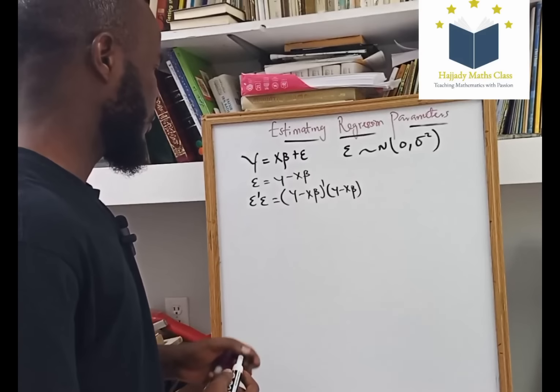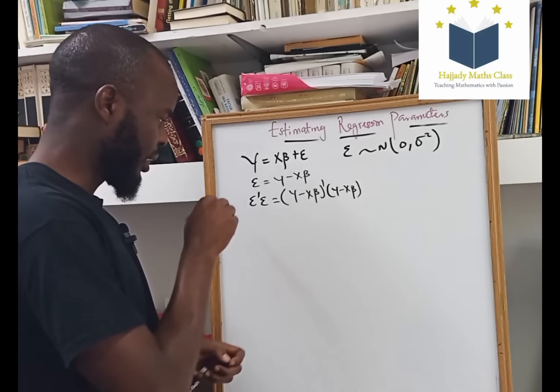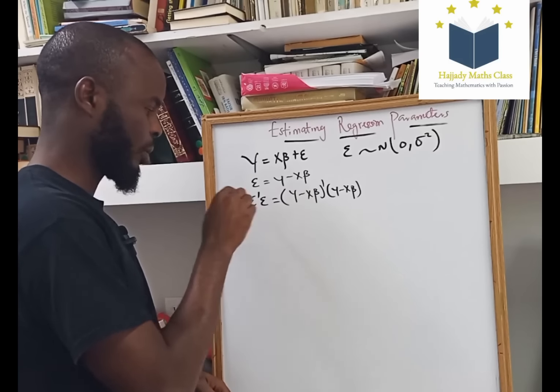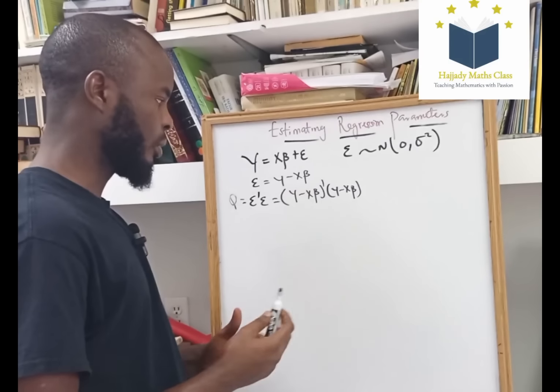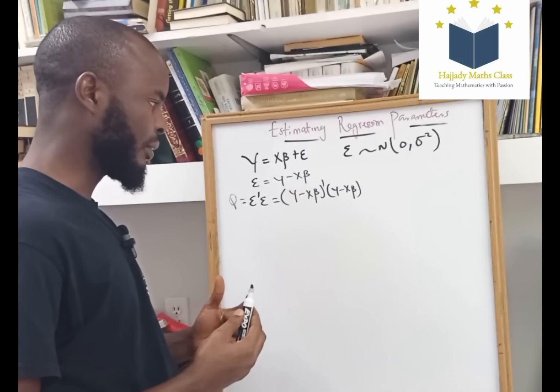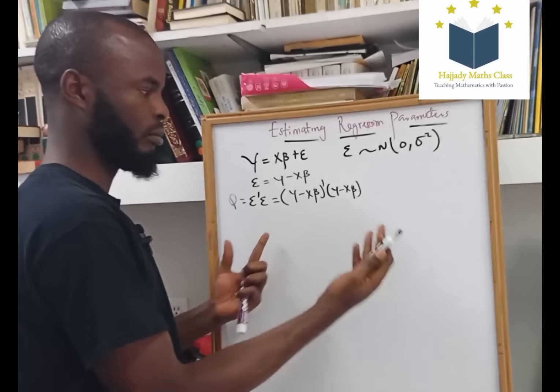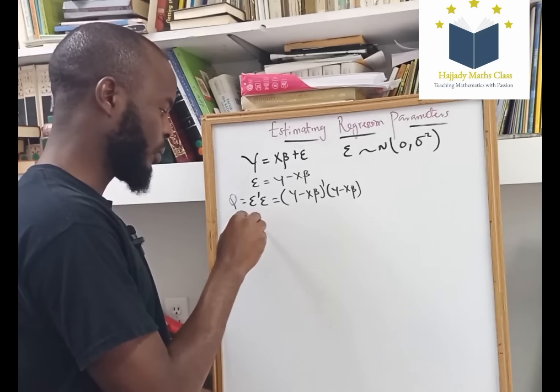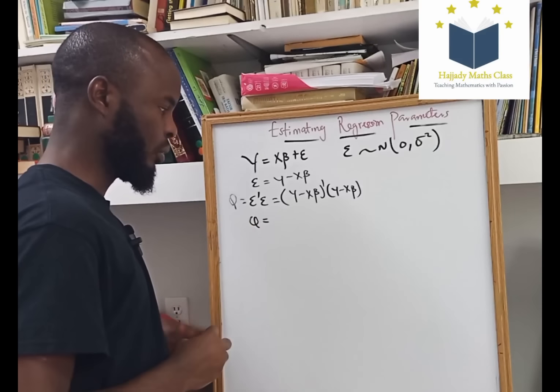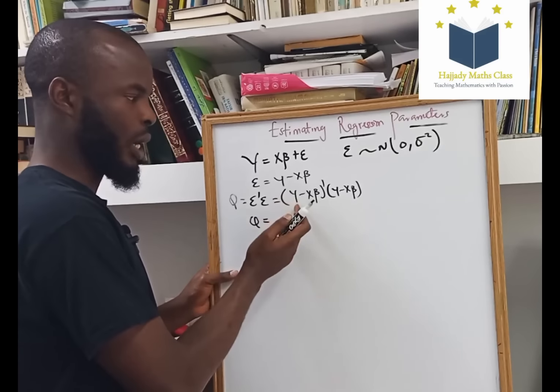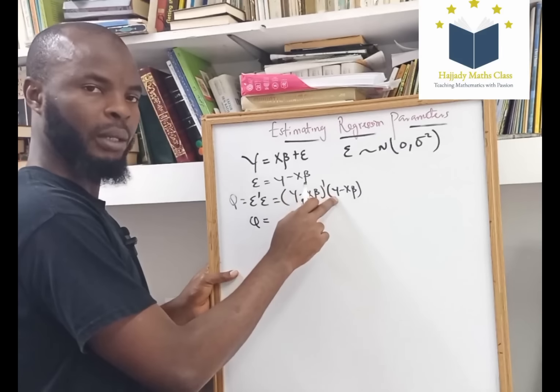Okay? So let this be Q. By so doing, we want to distribute. So we can have Q to be y prime multiplied by y.